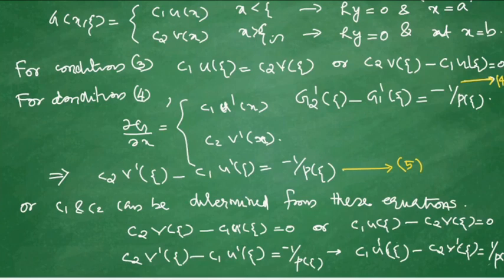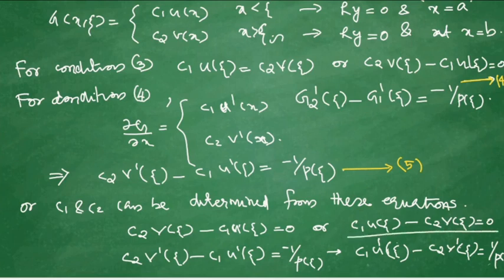So for solving C1 and C2, let the equations be numbered. The conditions 3 and 4 to be satisfied can be numbered as 4 and 5, or this can be written in matrix form also. For that, we are rewriting the equations. Equation 4 can be written as C1 into U of theta minus C2 V of theta equal to 0.